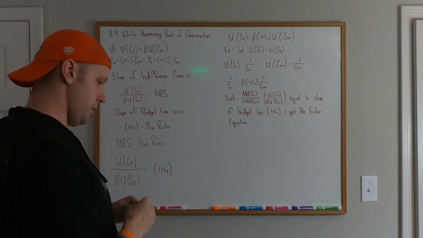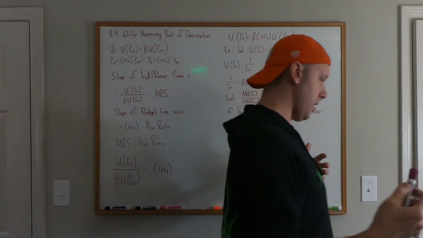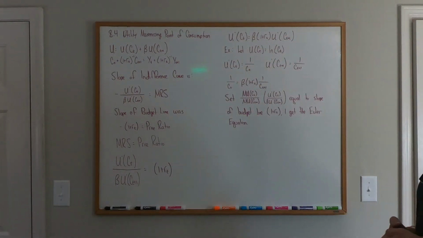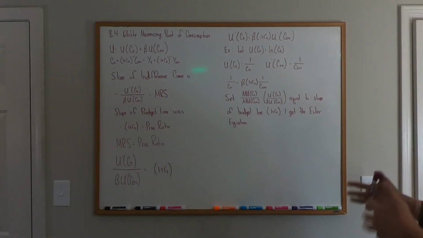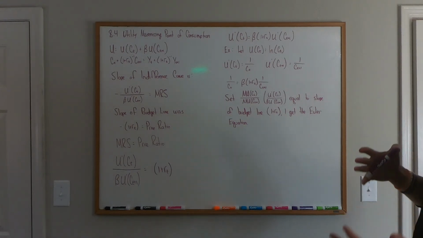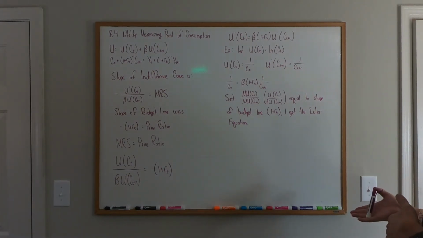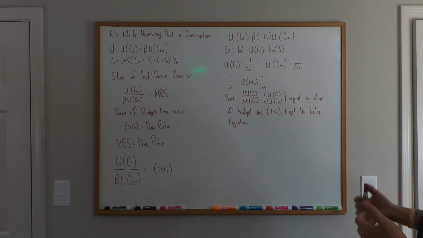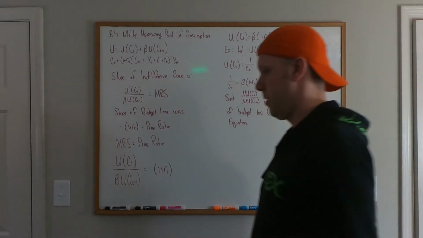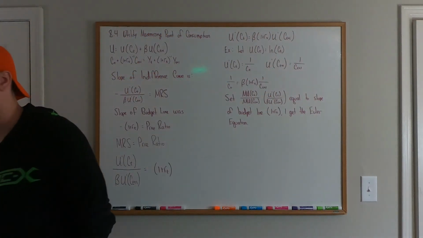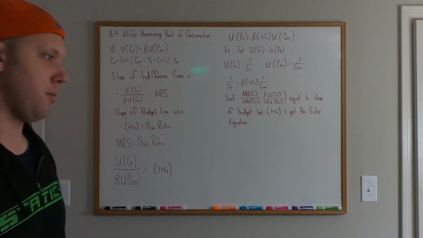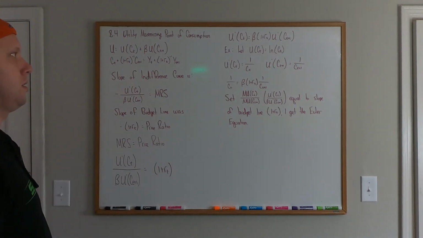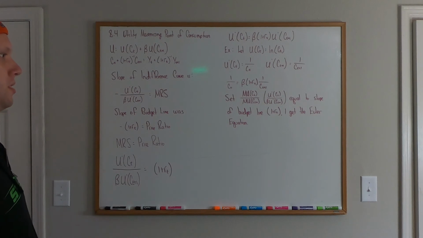So the Euler equation is really an optimality condition that's telling me what the optimal current and future consumption bundle is given the interest rate. You can think of the interest rate as the marginal cost that we face between consuming today or tomorrow.